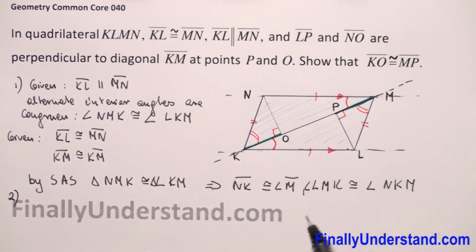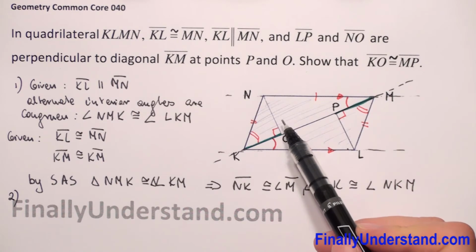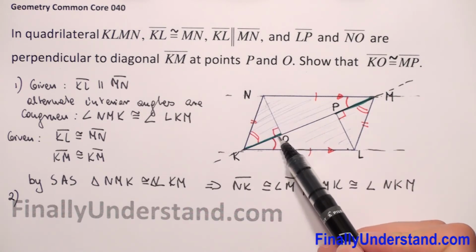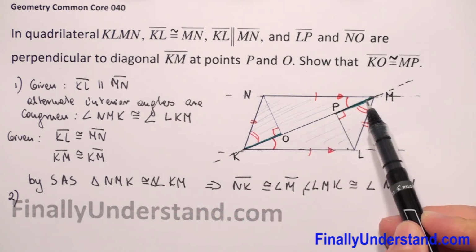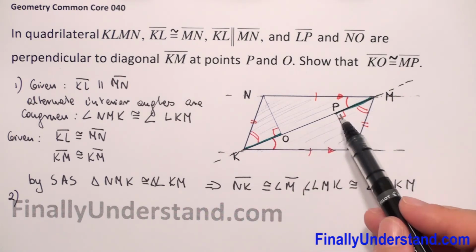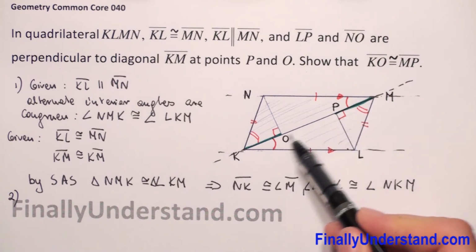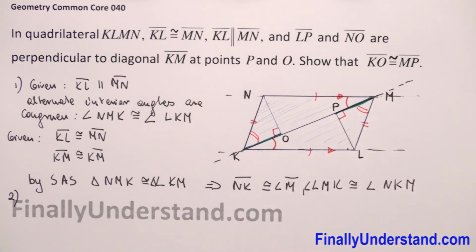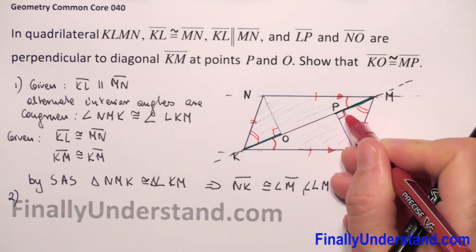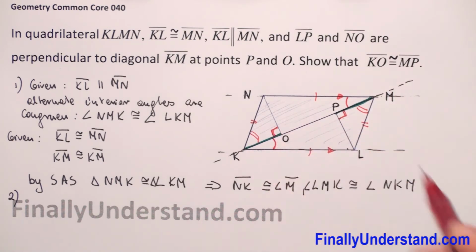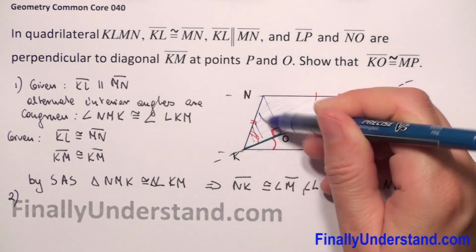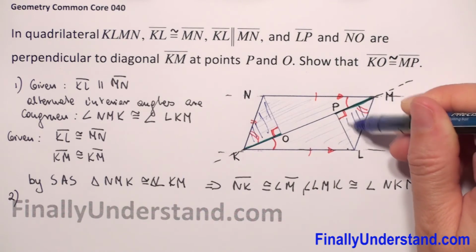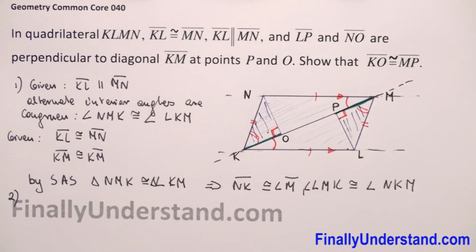We have also given that segment NO is perpendicular to diagonal KM, and LP is perpendicular to KM. So we have here right angles. So we see that these two triangles are also congruent.